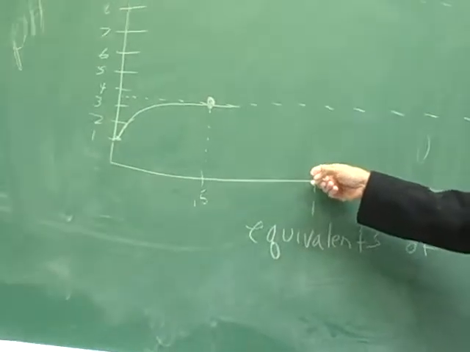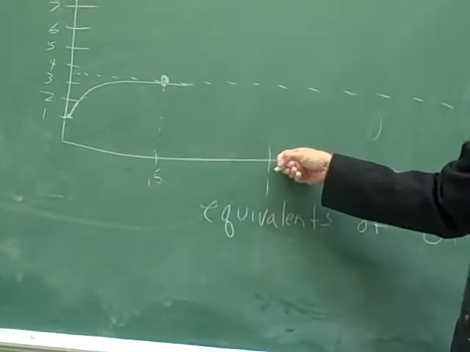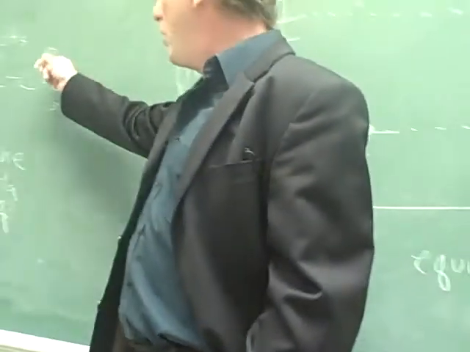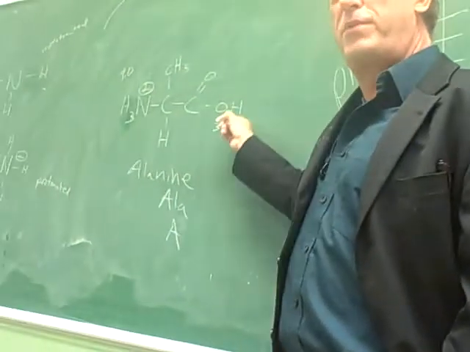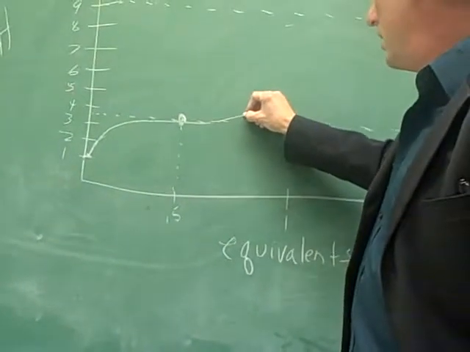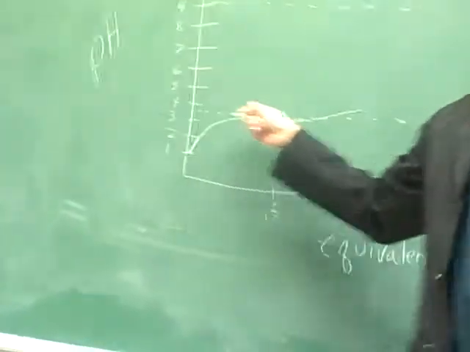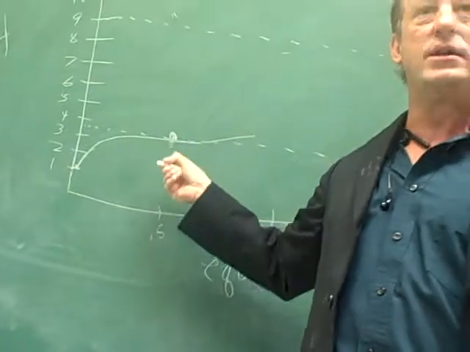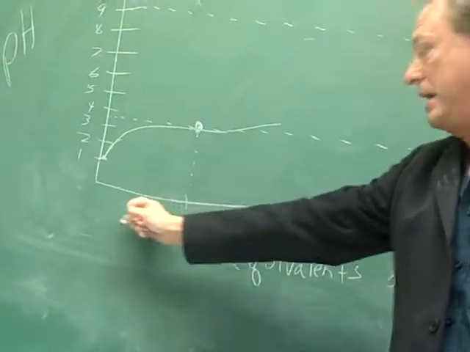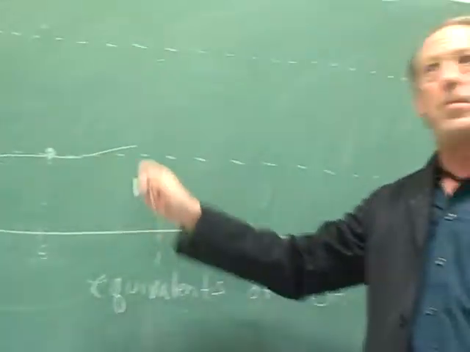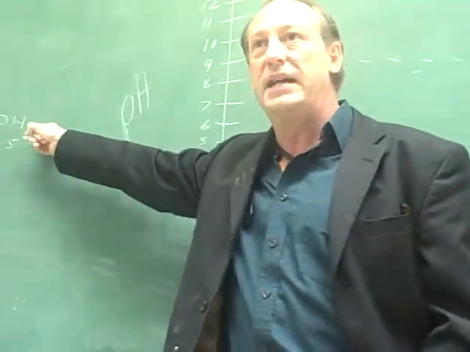Now, as I get close to 1, remember it was going to take me 1 whole equivalent to pull off all these protons. Okay? As I get to 1, I'm still pulling off the protons off of here, so my pH of solution isn't changing. That's why I'm adding equivalents of OH, but my pH isn't changing, because I'm pulling the protons off of here instead.